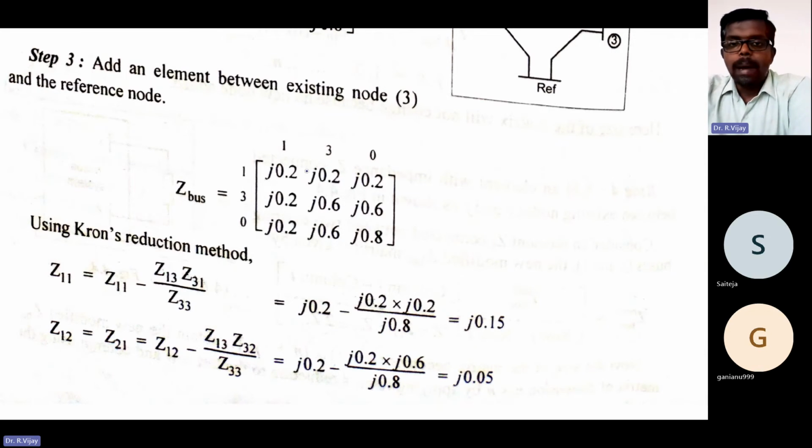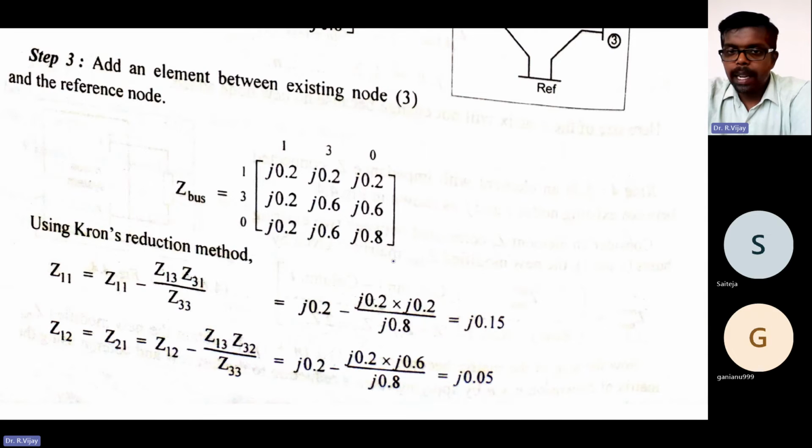So whatever the matrix is here, you need to take this 2 cross 2 matrix outside, minus 1 divided by this particular value, that is J into 0.8, into these two column elements, next into this row, J into 0.2, J into 0.2.